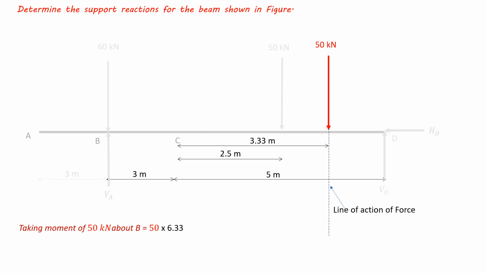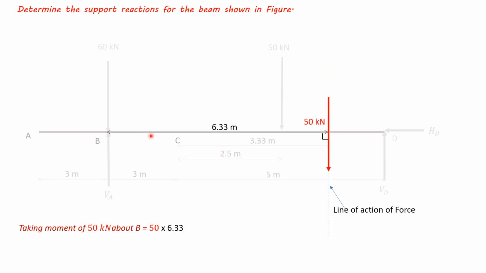So moment of the other 50 kilonewton force about point B will be, its line of action is like this. It will have perpendicular distance about point B of 3 plus 3.33, 6.33, perpendicular distance from B to 50 kilonewton force, 6.33.